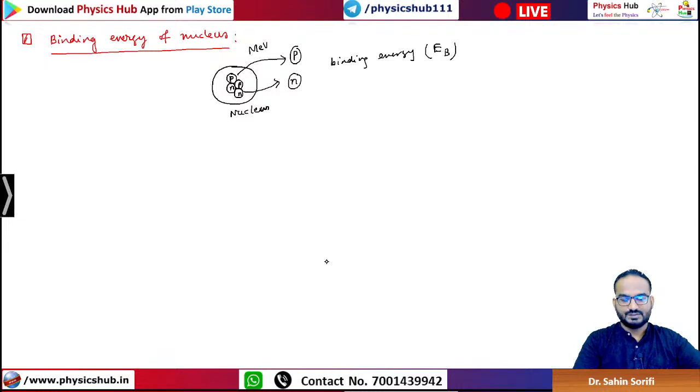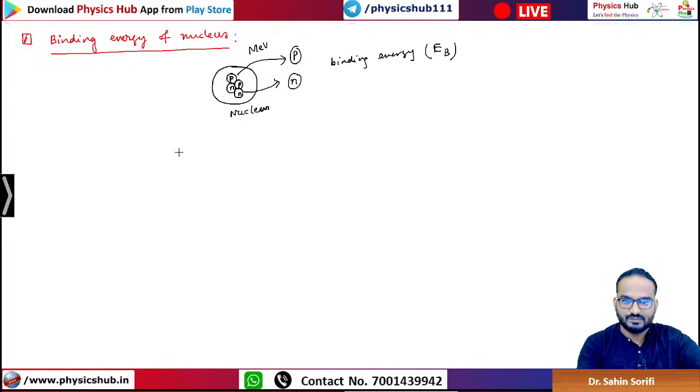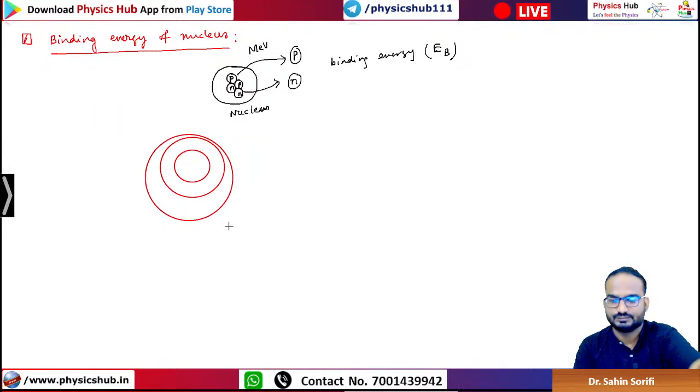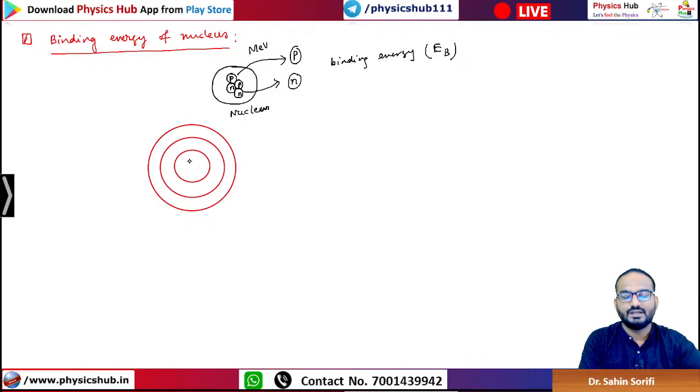Now what is the source of this binding energy? If you consider an atom, first of all, inside the atom we have the nucleus and the electrons are outside. Here we have our proton, neutron, and outside it we have electrons. How many electrons will be there?